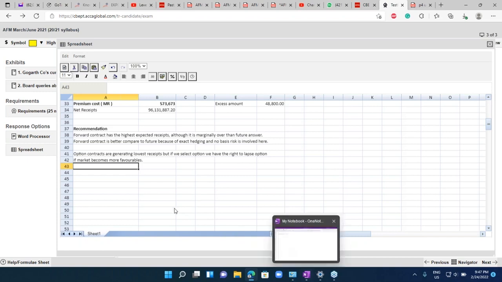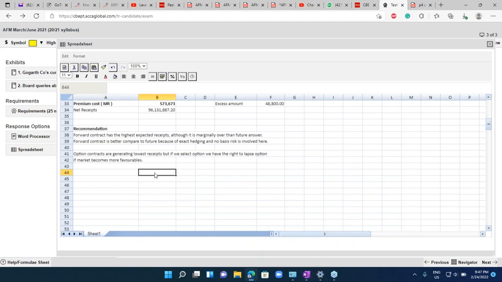So any other question guys from this part? If all is okay, we will be moving to interest rate risk management.